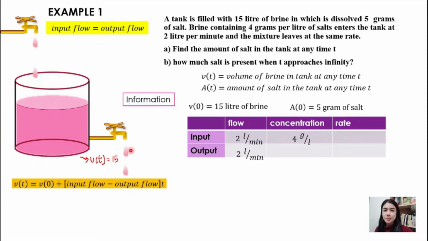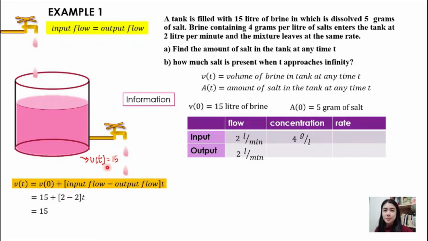Your V0 here is 15, your input flow is 2, and your output flow is also 2. So you have 2 minus 2, multiplied by the time. 2 minus 2 gives you 0, 0 multiplied by t is 0, and 0 plus 15 gives you 15. So we have V(t) is 15.